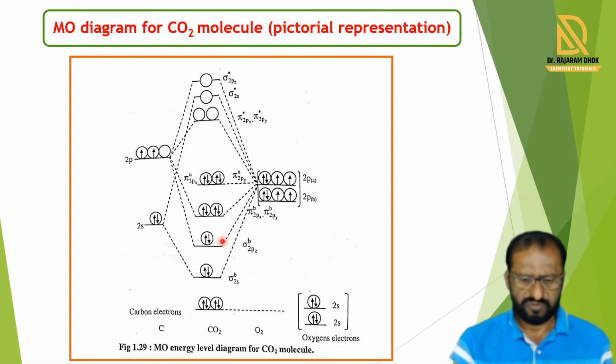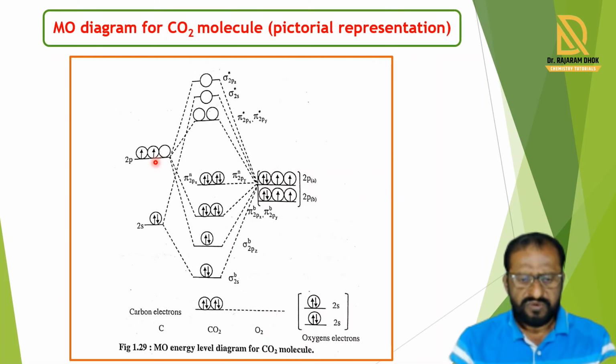So in this way, the combination of the 2s atomic orbital of carbon and one 2px atomic orbital of oxygen forms sigma 2s, then the 2px atomic orbital of carbon and one 2px atomic orbital of oxygen forms sigma 2px molecular orbitals.